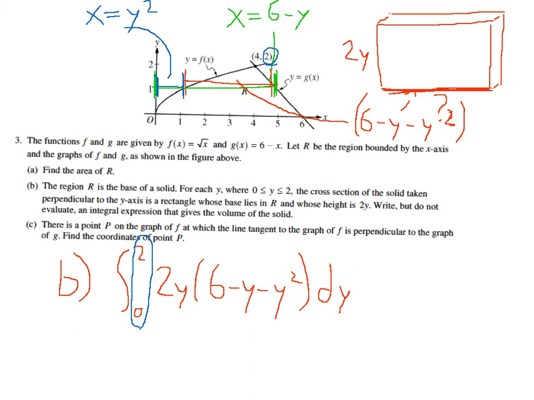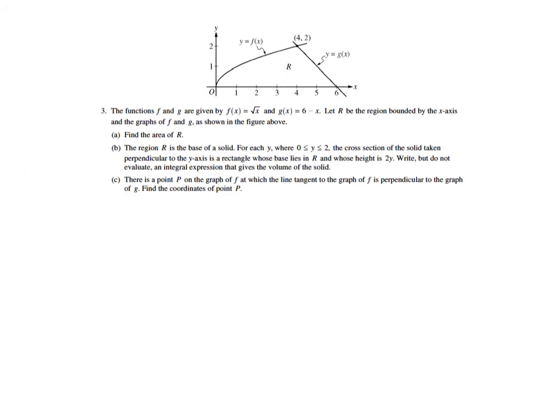Okay. Now let's move on to part C. It says there is a point P on the graph of f, just the left part of the picture, at which the line tangent to the graph of f is perpendicular to the graph of g. Find the coordinates of point P. In order to be perpendicular, I have to have the opposite reciprocal slope of g. g always has a slope of 1, so let's write that down.